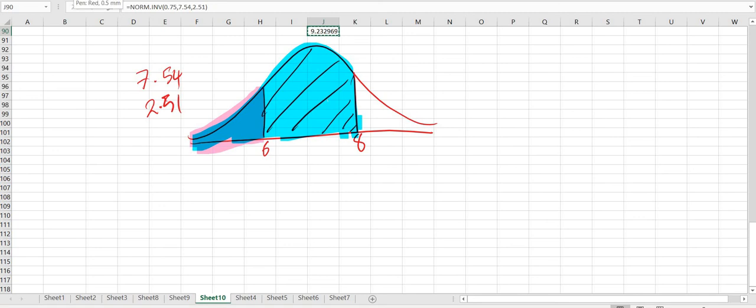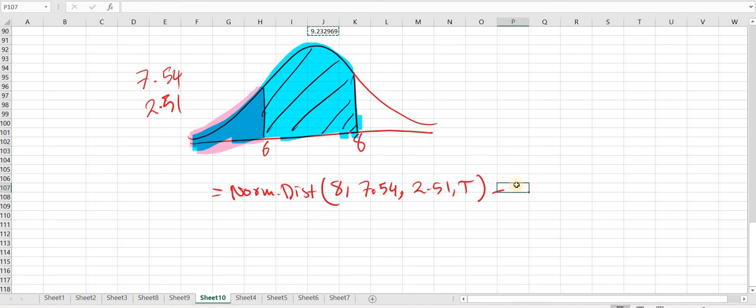And we can find each one of them using the norm distribution function. So the area in between A and B is equal to norm dot distribution of the big number 8, comma, the mean, comma, the standard deviation, comma, true, minus norm dot distribution of the smaller number 6, comma, the mean, comma, the standard deviation, comma, true.